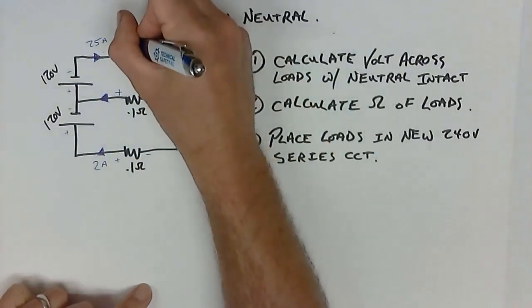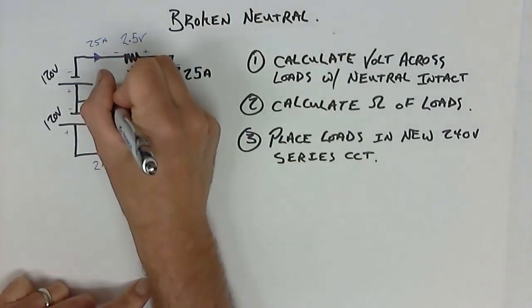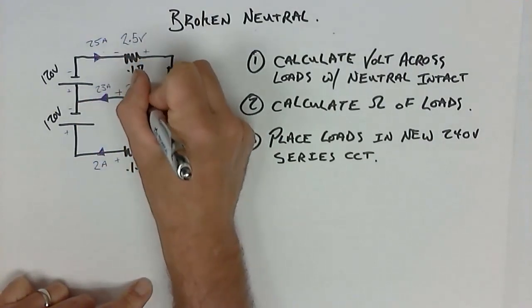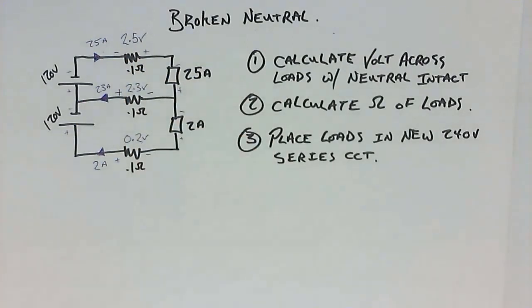Voltage drop across each of the conductors, 2.5 volts. 23 amps, 2.3 volts, 0.2 volts. Voltage across my first load.